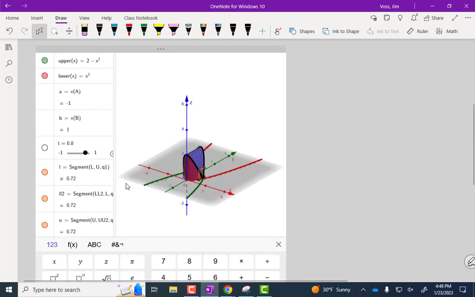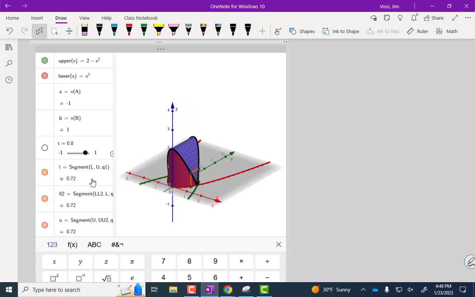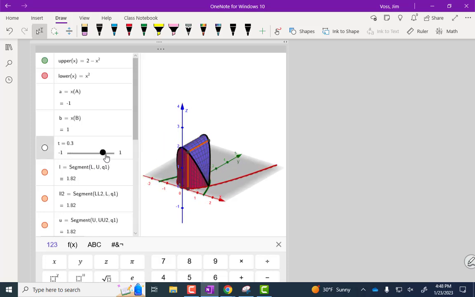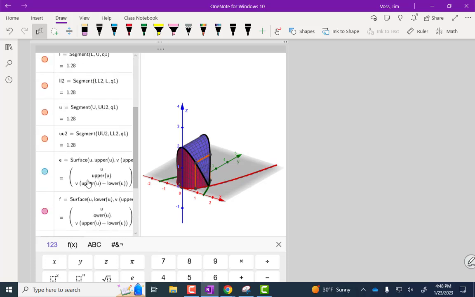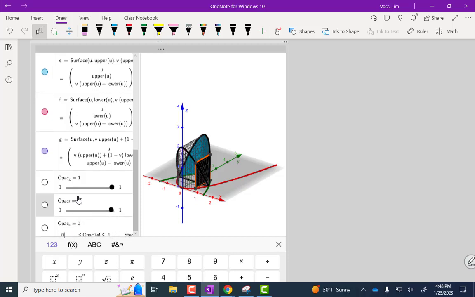Yeah. So that's what this thing looks like. Should be able to blow that up a little bit. And you can see the little cross sections that are squares. You can slide this slider right here, and you can see the squares coming through. So that's what the solid's going to look like. And if you come down here to the opacity, you can turn it into a wire frame if you want, and make it transparent. And you can put whatever two functions you want in there.